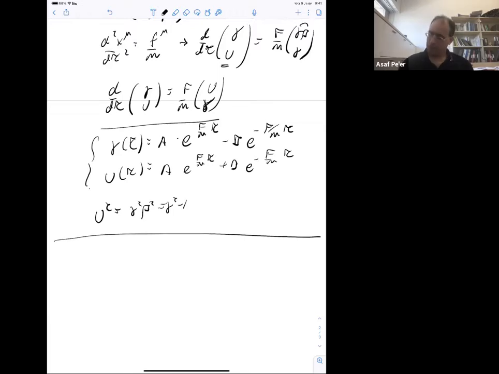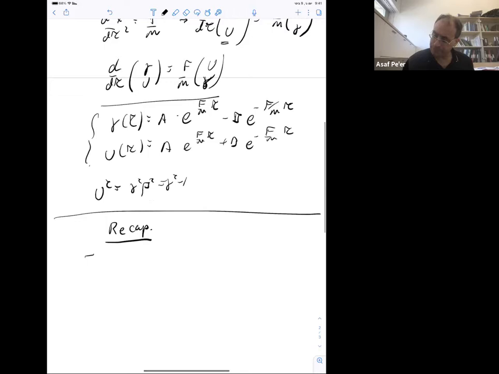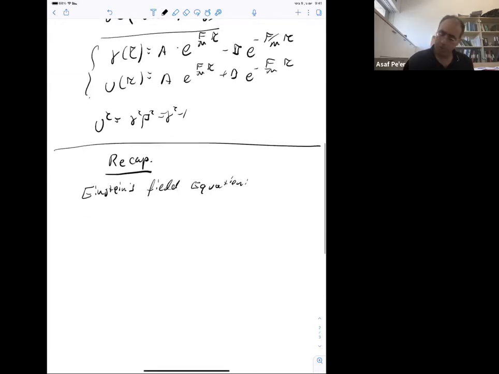Okay, so recap on what we did. Last time we developed Einstein's field equation. And as I told you, this is basically the heart of general relativity, right? So Einstein's field equation: R mu nu minus 1/2 R g mu nu is 8 pi G T mu nu.